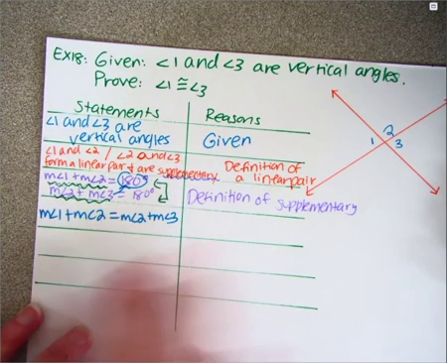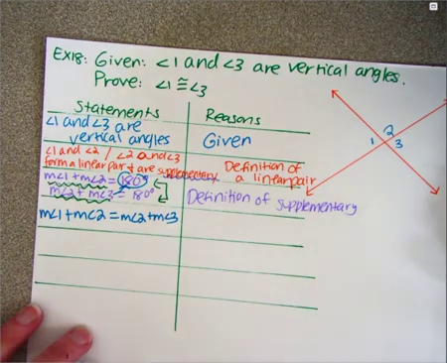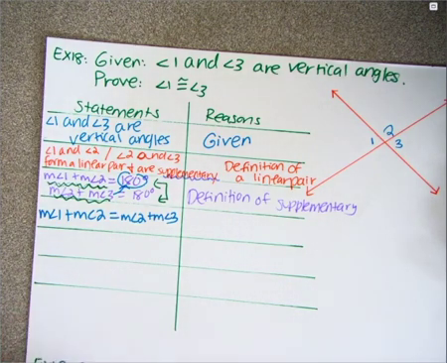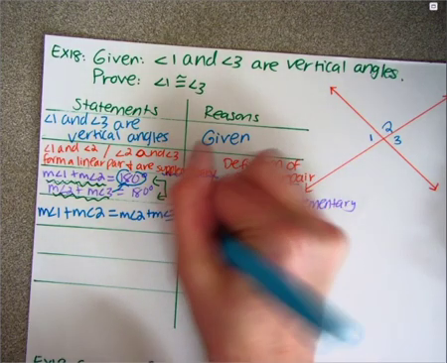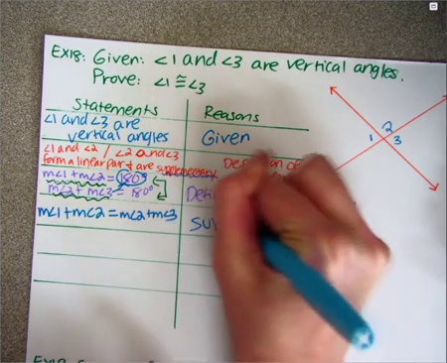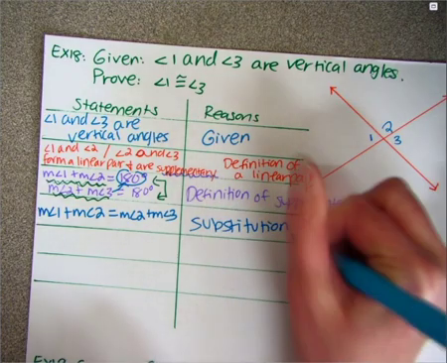Okay, so since I'm replacing something with what it equals, what is it called when we replace things with what they equal? It would be by our substitution property. Substitution property.